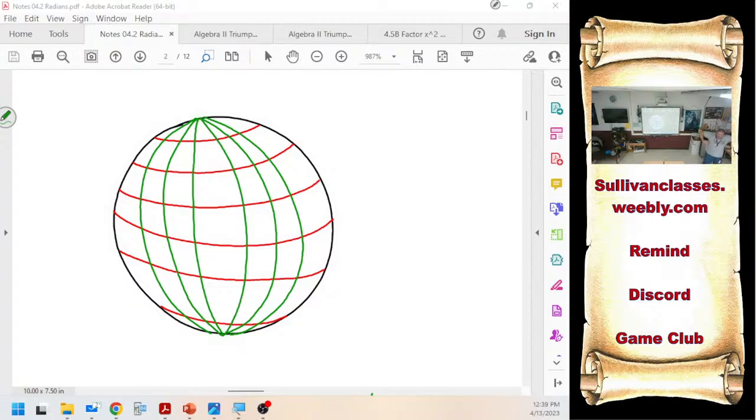Lats are sides. Lateral movement. Any of you done different sports training where you're doing lateral movement, especially if you bust up your ACL or your MCL? Okay, lateral is this way. Longitude is this way. Ironically, lines of longitude are shorter because the Earth is fatter in the middle.